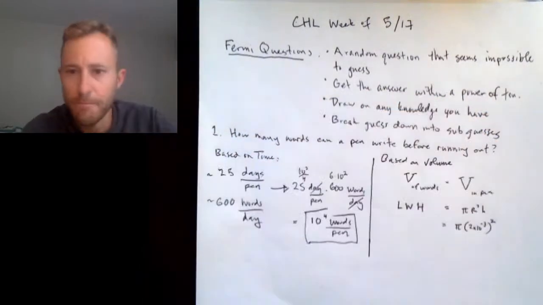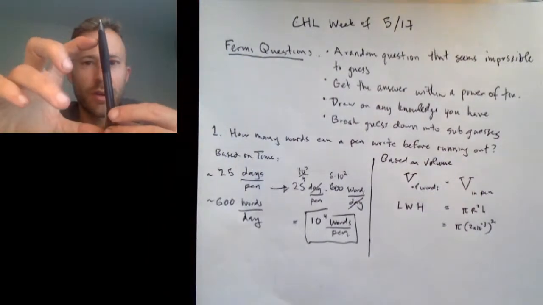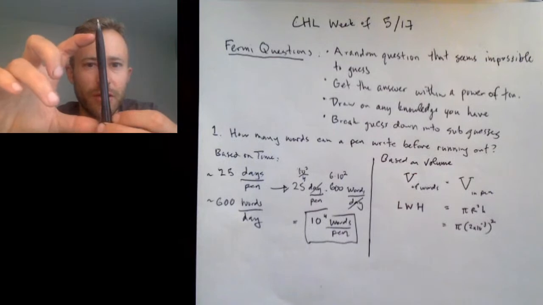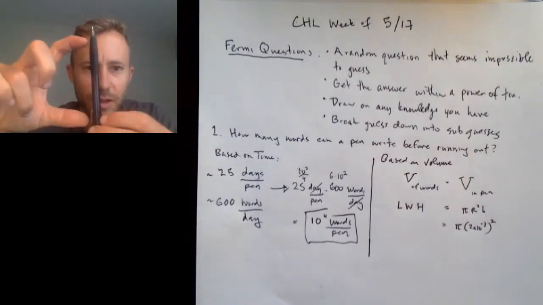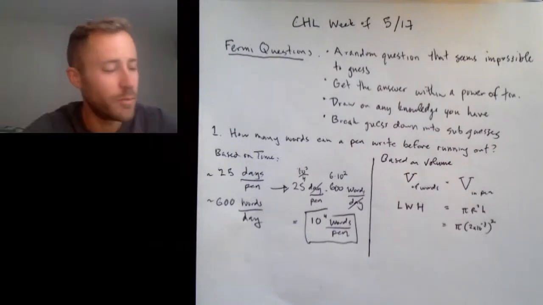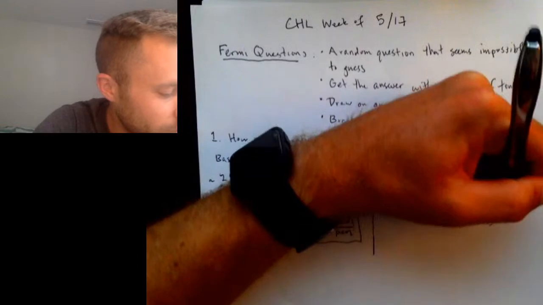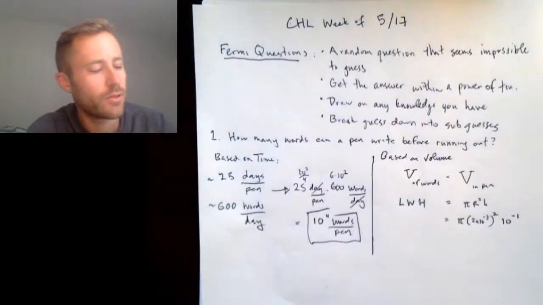So I square that. All right. And what is this length right here? I'm going to say that because the cylinder has a length that's about that long, I'm going to say that's about 10 centimeters. That's about 1/10 of a meter. Okay, so 10 to the minus 1 meters.